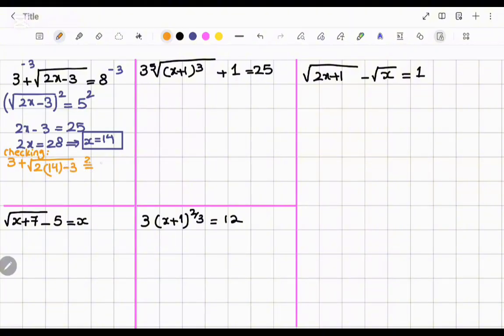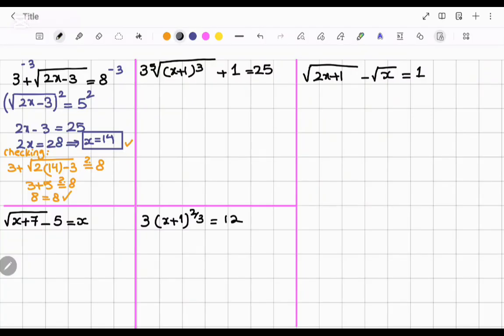We want to know if it's equal to 8 or not. So 2 times 14 is 28, and 28 minus 3 is 25, and radical 25 is 5, and 3 plus 5 is 8. So 8 is equal to 8, so this is going to be an accepted answer.